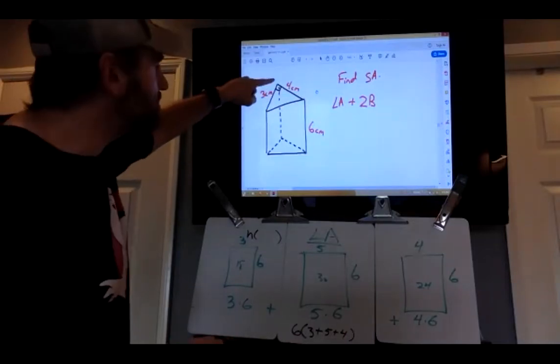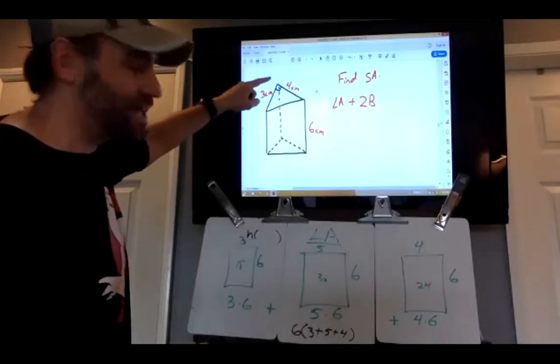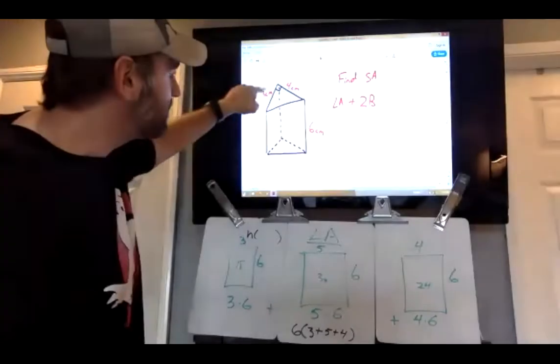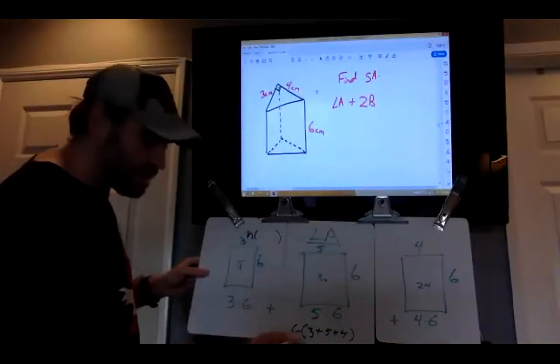Anybody notice anything about that? 3 plus 5 plus 4? The perimeter. 12. It's the perimeter of the base, right?